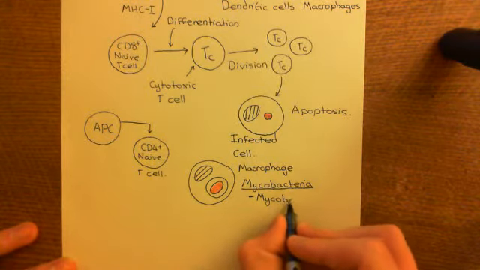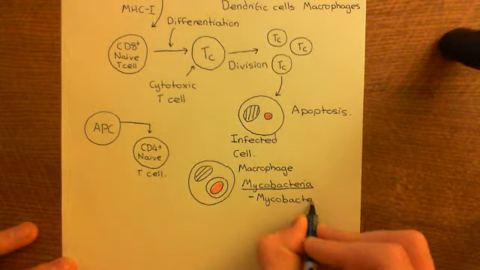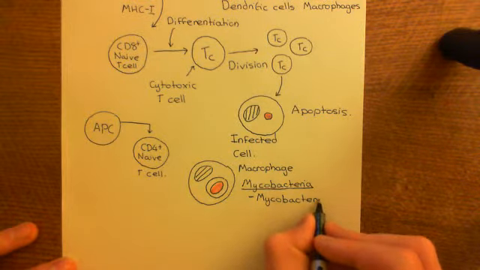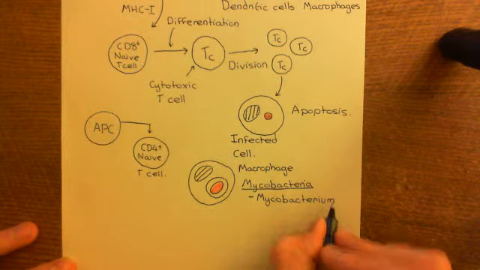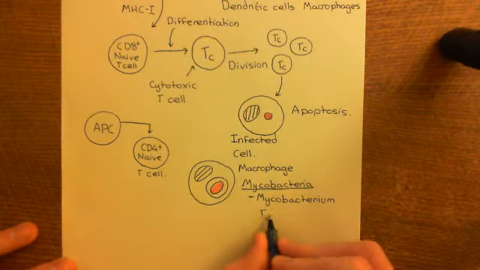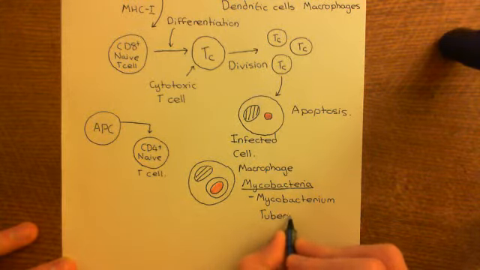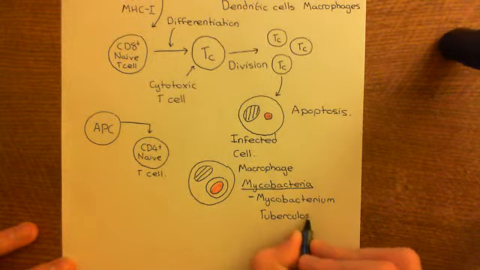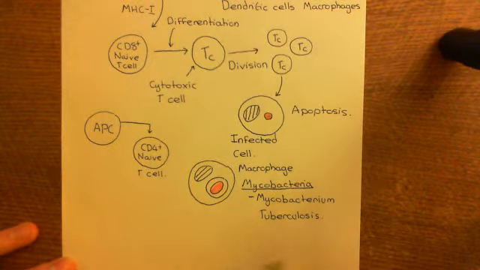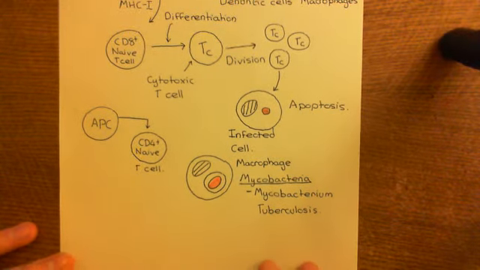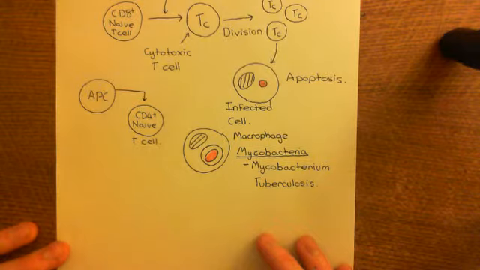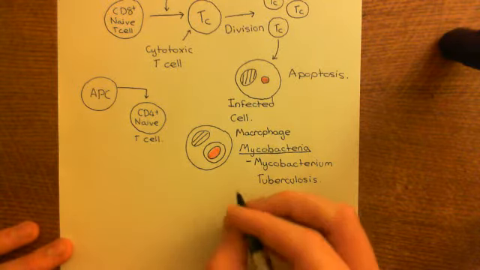So a specific species of mycobacteria that's capable of doing this is Mycobacterium tuberculosis, which is the causative agent of TB. These bacteria are capable of being phagocytosed and going into a phagosome within a macrophage and living within there for incredibly long periods of time.